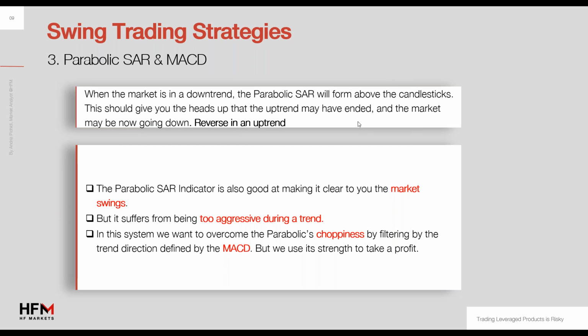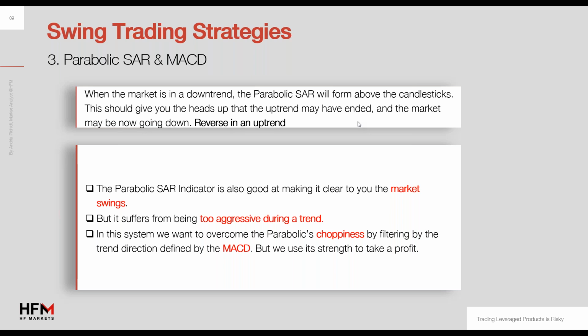So this should give you the heads up that the uptrend may have ended and the market is on the flip side, on the downside. So the market may now be going down.